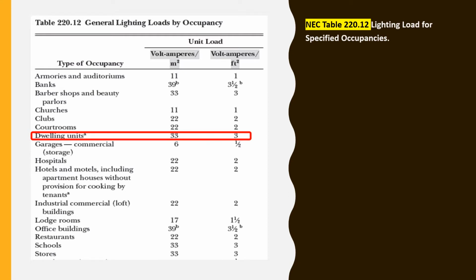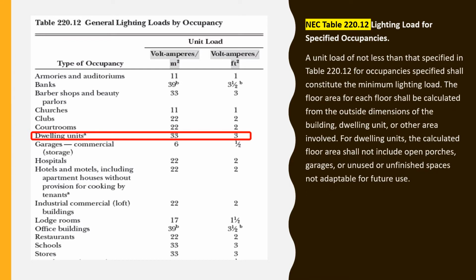So as I said, this is NEC Table 220.12, lighting load for specified occupancies. A unit load of not less than specified in Table 220.12 for occupancies specified shall constitute the minimum lighting load. The floor area for each floor shall be calculated from the outside dimensions of the building, dwelling unit, or other area involved.